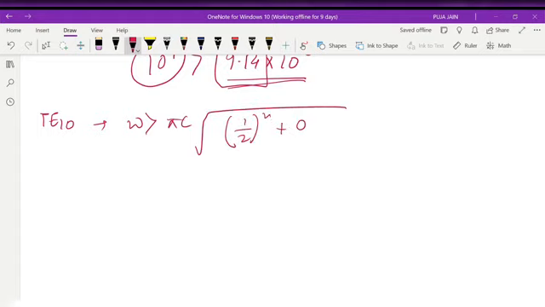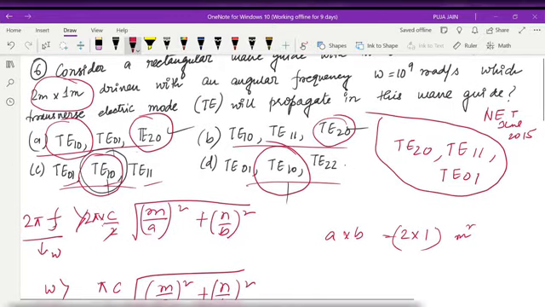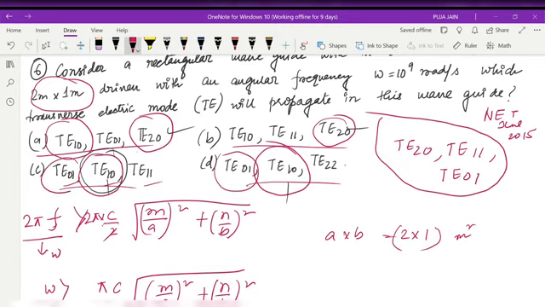So omega is greater than pi c by 2. Pi is 3.14 into 3 into 10 to the power 8 by 2. Again omega is greater here, so this is also possible. TE01 we did, this is also possible. So left is TE11 and TE22. If we find TE11, these two options can be cancelled. So let us find TE11 now.